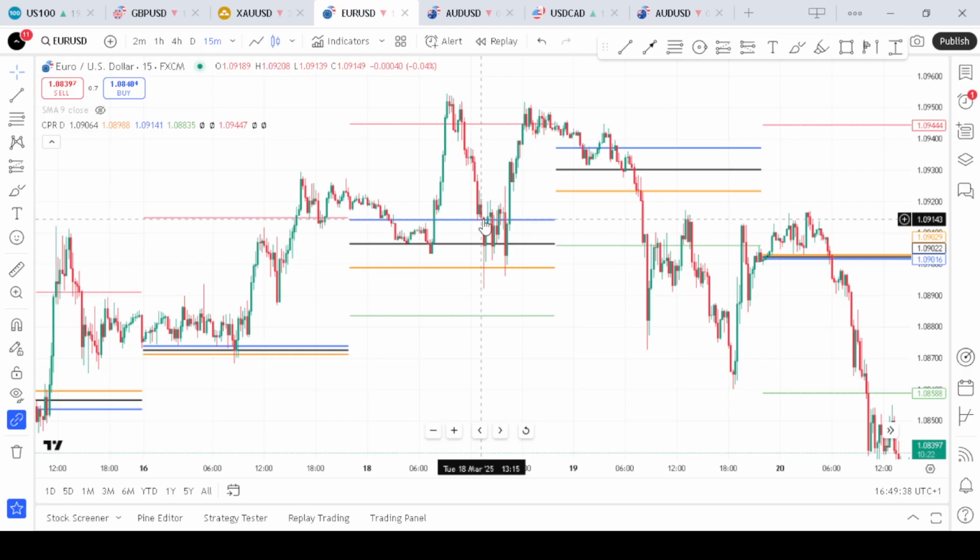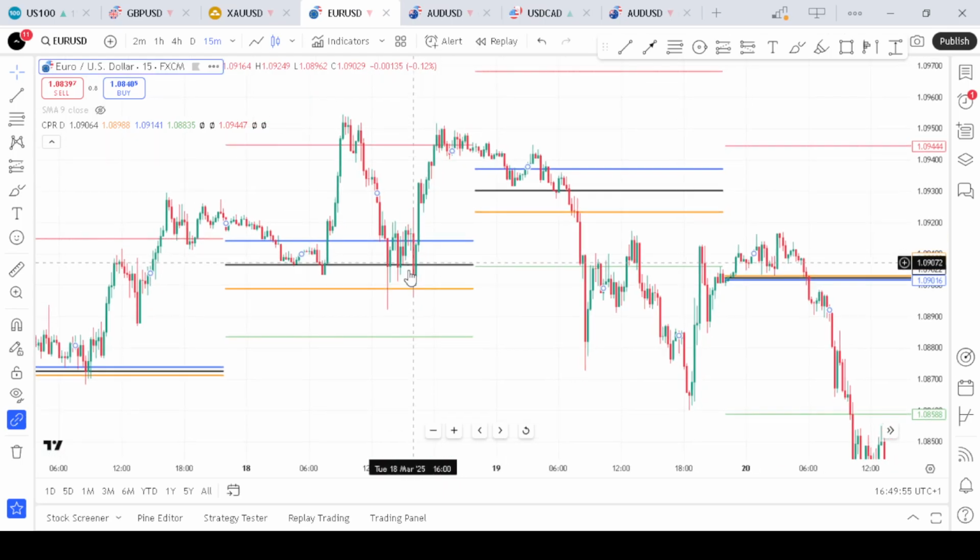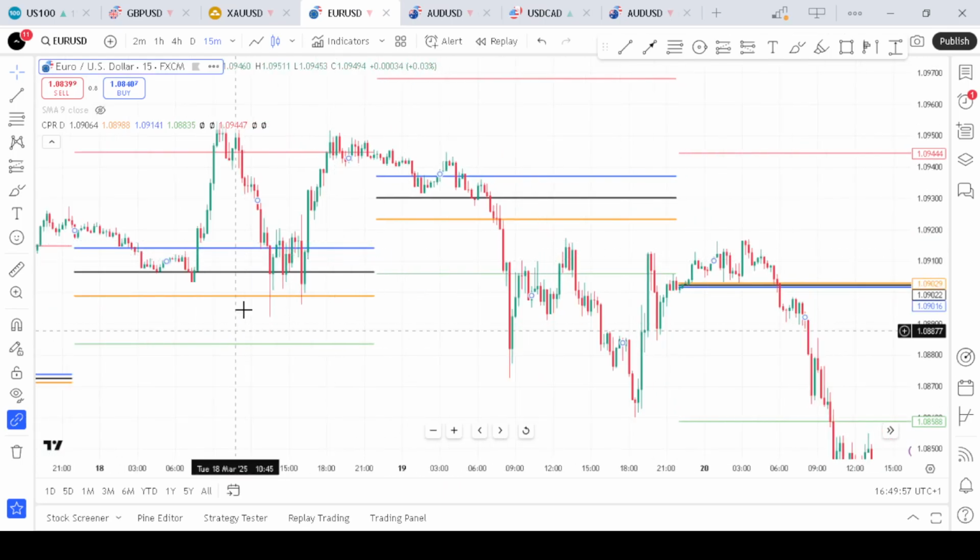This pullback often acts as a support zone where buyers step in to push price higher. You look for a continuation through a candlestick pattern, such as a bullish engulfing or a hammer formation. When you see your confirmation on this level, you would enter your long position.